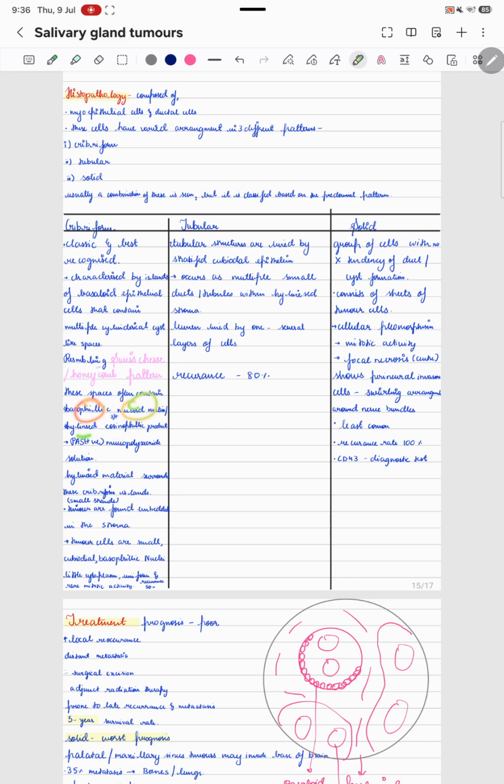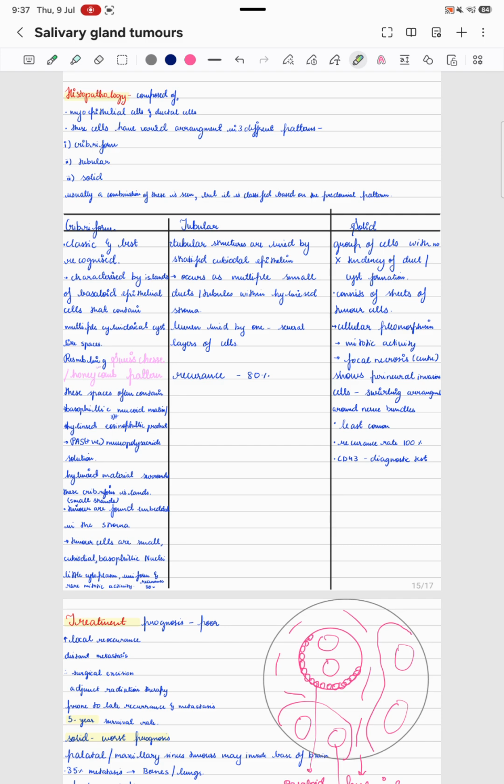It has mucoid material that is hyalinized, with an eosinophilic product that is PAS positive mucopolysaccharide. Hyalinized material surrounds these cribriform islands, and the tumors are found embedded in the stroma.